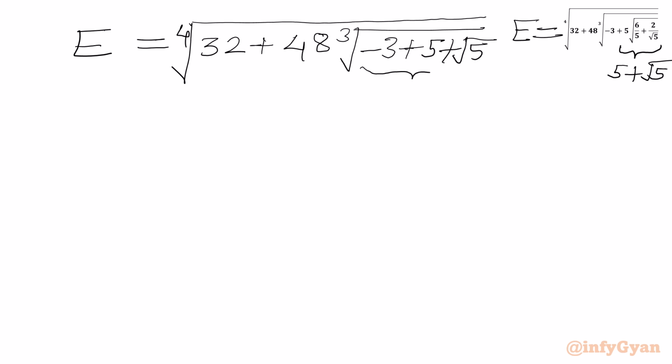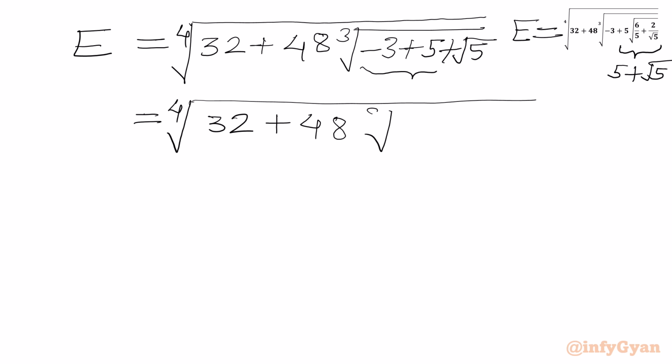Now minus 3 plus 5 is 2. We can write the 4th root of 32 plus 48 times the cube root of square root 5 plus 2.